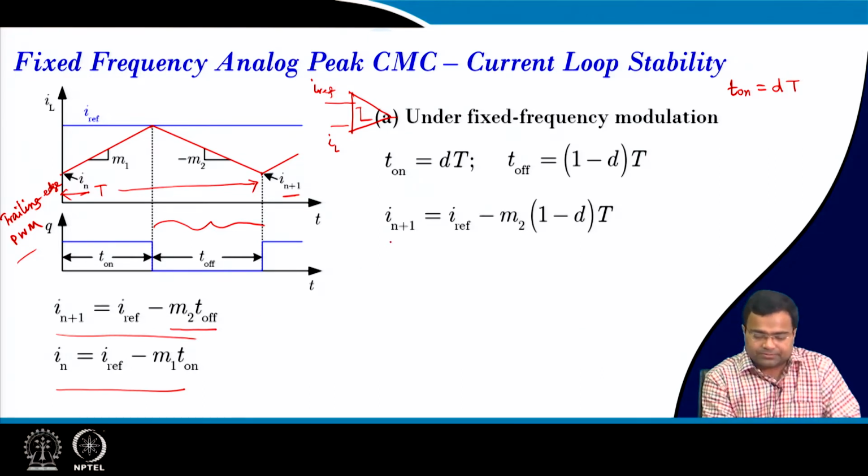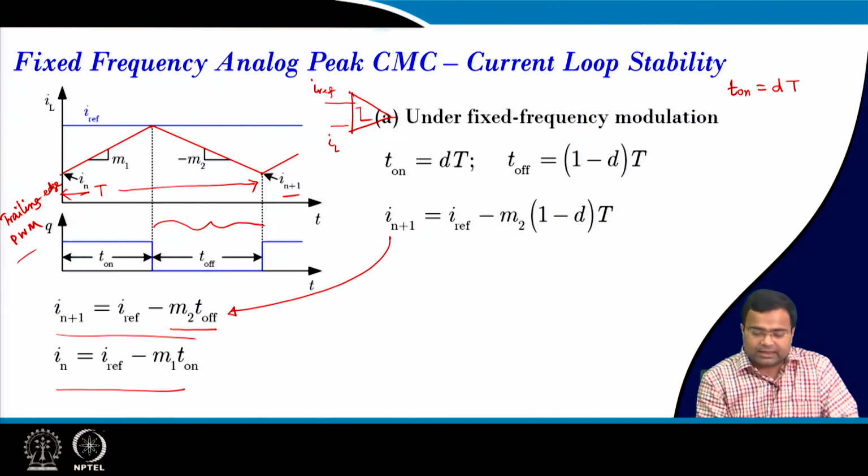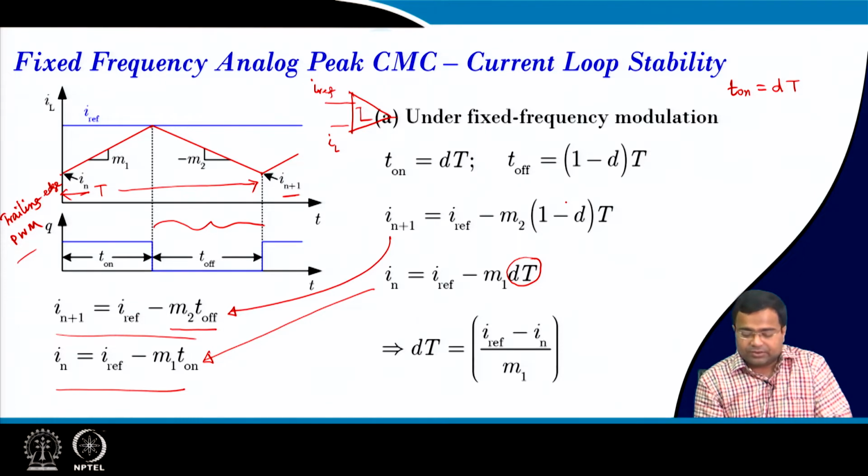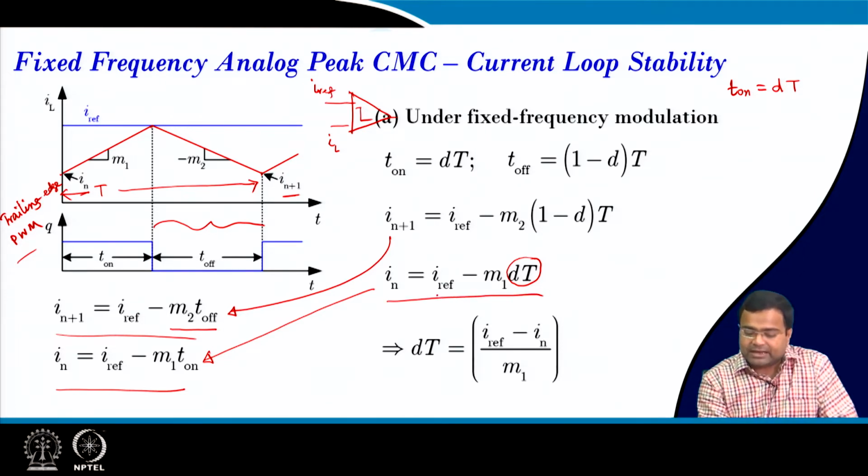Then let us substitute. First we substitute in this equation and we get this equation. Then the next equation, again we substitute here, where T on equals dT. Then we want to replace this intermediate variable dT in both the equations. From this equation, dT is Iref minus In by M1.